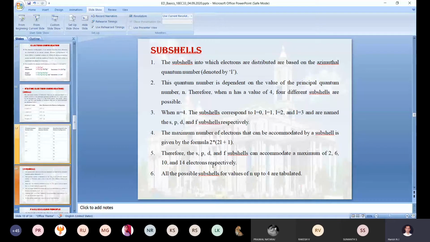Therefore, the S, P, D, and F subshells accommodate a maximum of 2, 6, 10, and 14 electrons respectively. Any doubt in the electronic configuration using the Bohr-Bury model?